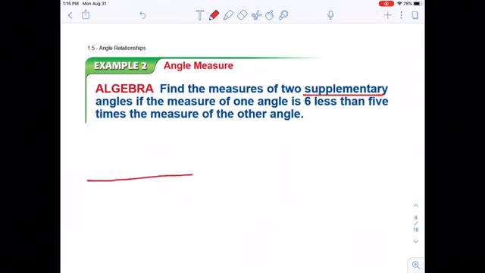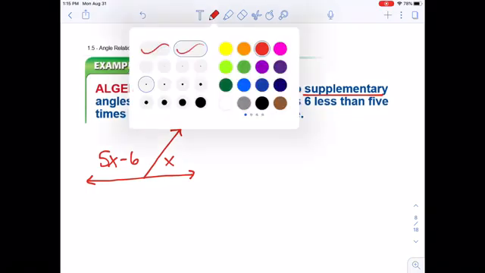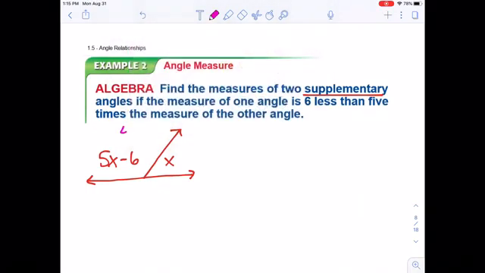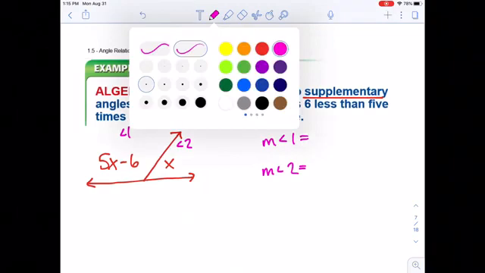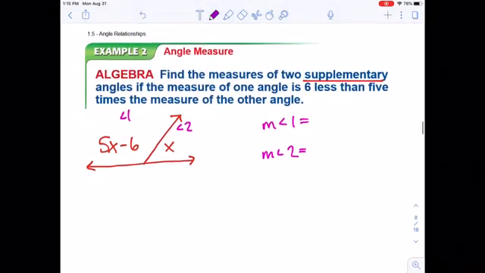So I'm going to draw a not to scale picture of two angles that are supplements. The first one is 6 less than 5 times the measure of the second angle. I'm going to call this first one angle 1 and the second one angle 2. So in the end, I want to find the measure of angle 1 and the measure of angle 2. So I just need to set up an equation.